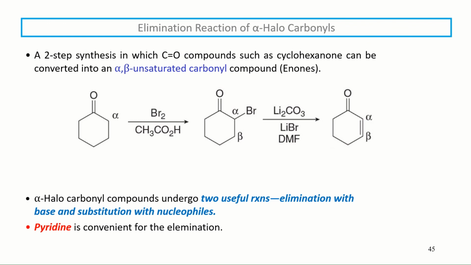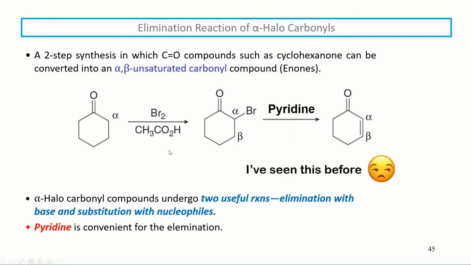Here you can see immediately the acid catalyzed substitution of bromine on the alpha carbon. And then, of course, we can use a base to eliminate said hydrogen bromide.